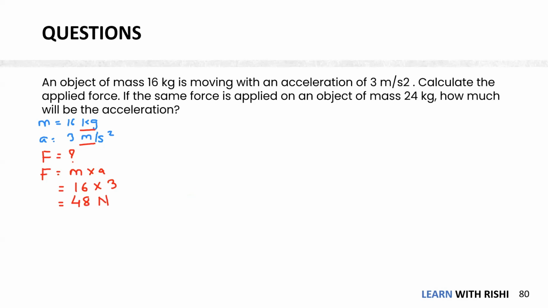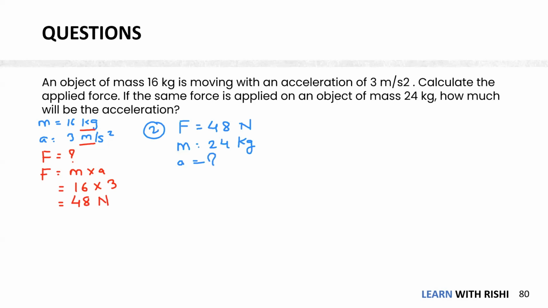Now let us see the next part of the question. If the same force is applied on an object of mass 24 kg, how much will be the acceleration? So now we have found the force. Same force is applied means the force which you have found in the first part, that is 48 Newton. So we are given the force 48 Newton and mass of the object is 24 kg. So what will be the acceleration?